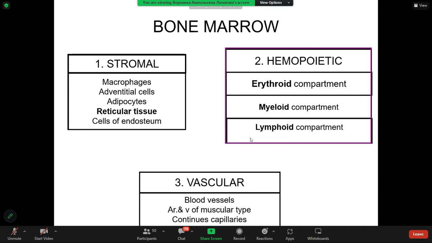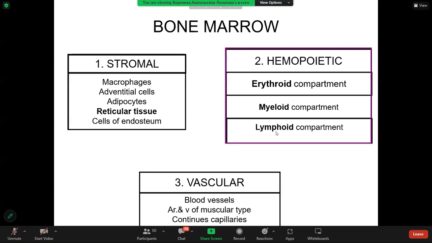Hematopoietic compartment includes all the compartments that we described in hematopoiesis: erythroid, myeloid, lymphoid. And finally, the vascular compartment represents blood vessels.